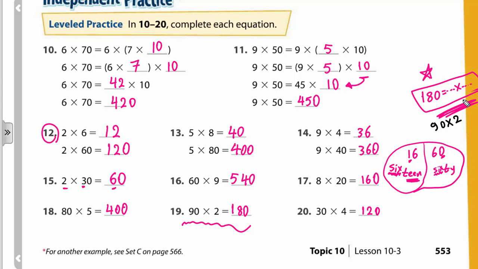Adam, do you have any other two numbers to multiply to get 180?